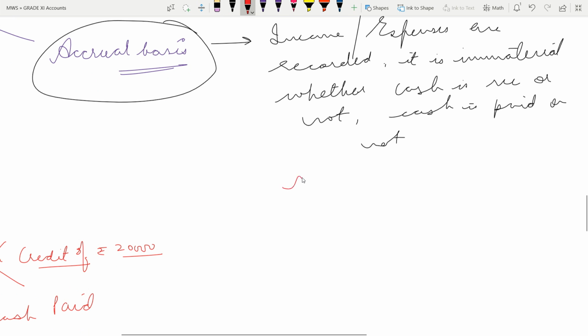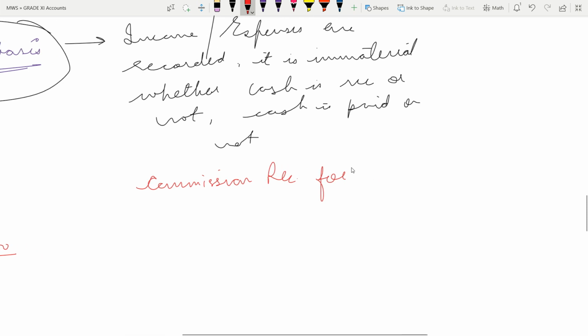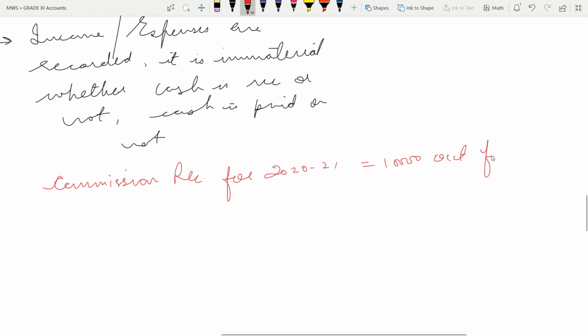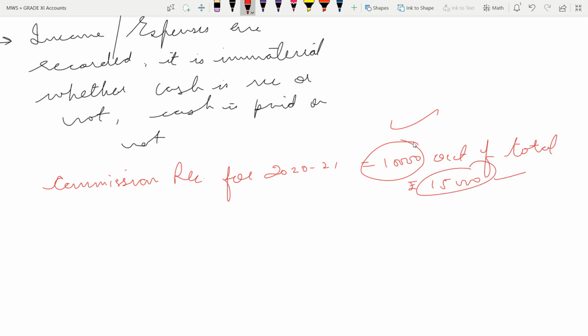Some examples we can take. For example, commission received for the current year 2020-21 is 10,000 out of a total of 15,000. So we should receive the commission of 15,000, but we have received only 10,000. Then which amount are we going to show, 10,000 or 15,000, in our accounting?